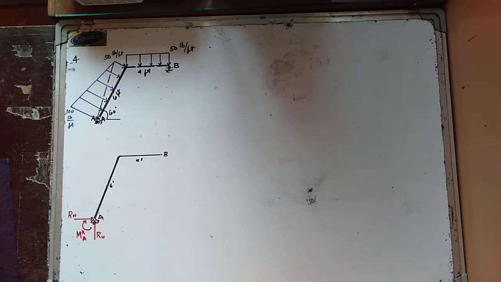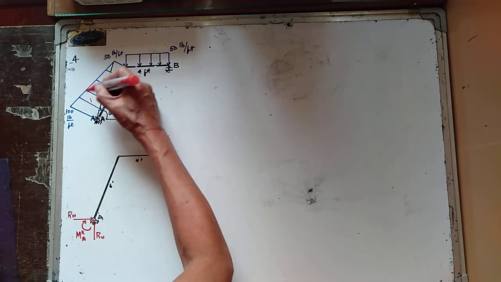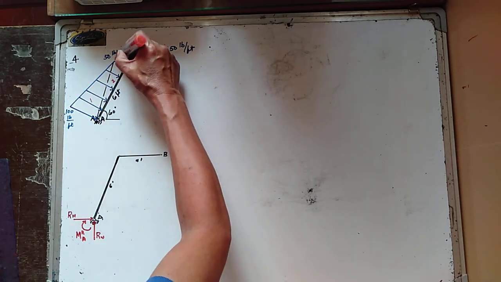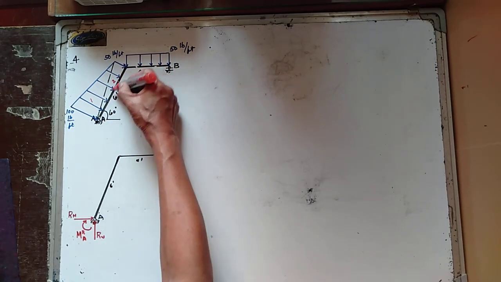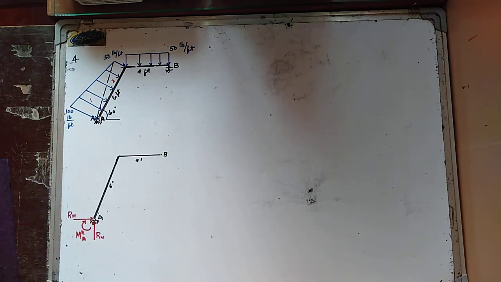I'm going to consider that this one here is your area 1 and this triangle is your area 2. So that is area 1 and this is your area 2. This length is 6 feet.